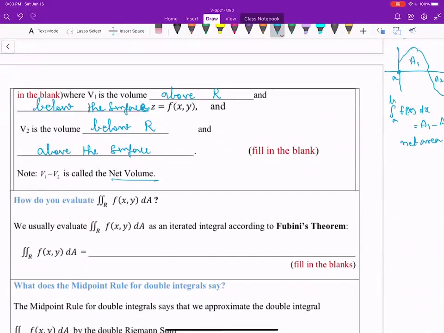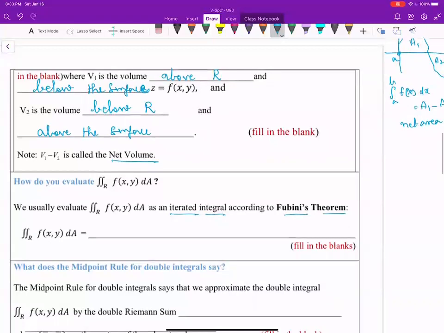How do you evaluate the double integral over R, f of x y dA? We usually evaluate it as an iterated integral by using Fubini's theorem, which says the double integral over R, f of x y dA, equals the double integral of f of x y dy dx.